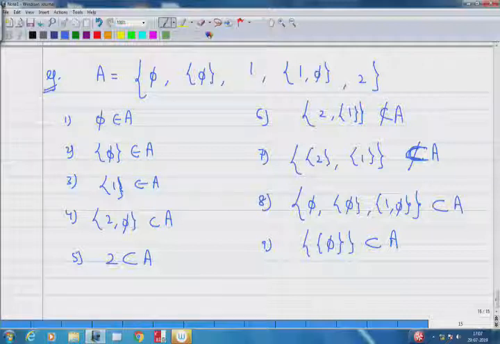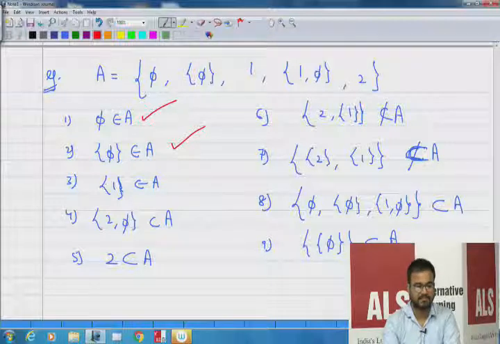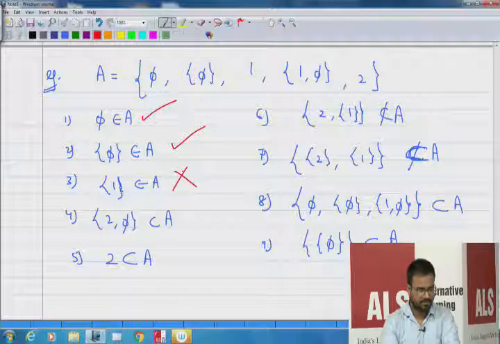It is talking about the element, first one. Phi is an element. This is true. This phi with curly braces is already an element. This one is also true. And this is using element, but in the question one is not present with the braces, and here we have used braces, so this one is false.